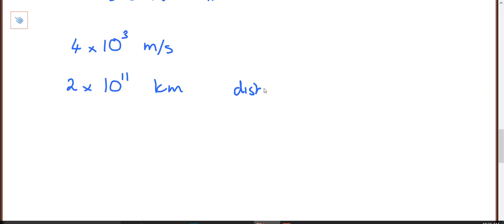So this would be its distance, this is its speed. So how long does it take?